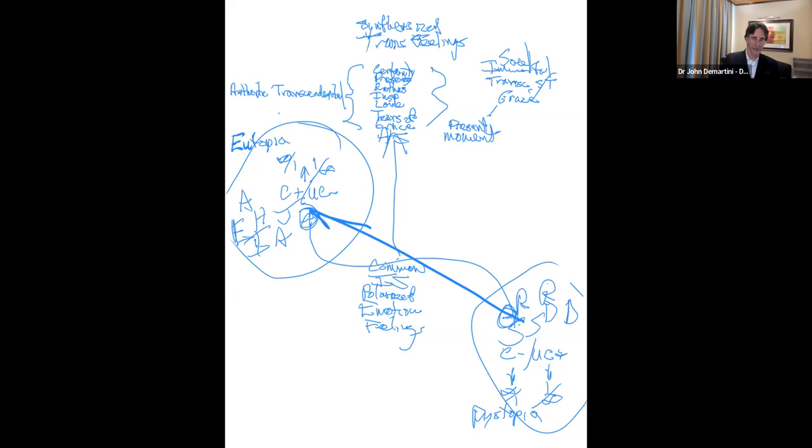The etymology means not place, a place that doesn't exist. U means no, not, and topia means place. So utopias are fantasy places in people's minds. Dystopias are nightmare places in people's minds.